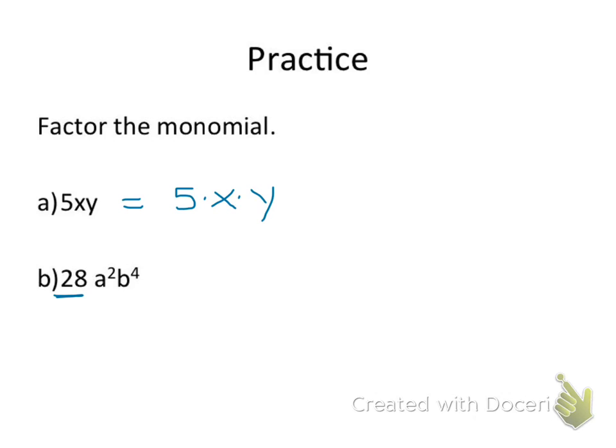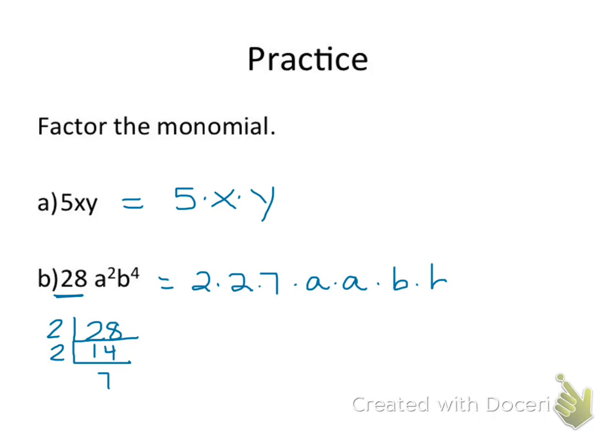However, 28 is a composite number, so I would have to do a factor tree or the upside down division, which I prefer because it's a little more compact. I get 2 times 2 times 7. And then I have 2 factors of a and 4 factors of b. And there's my final solution.